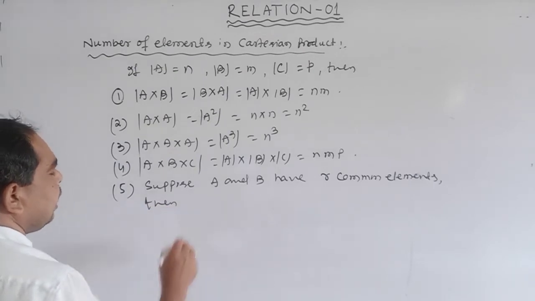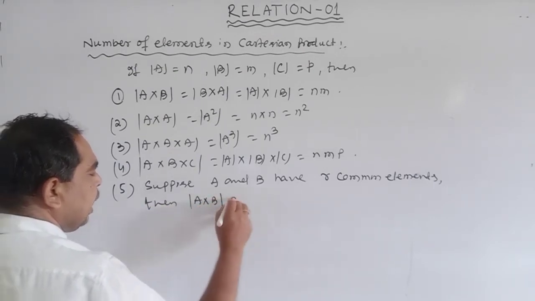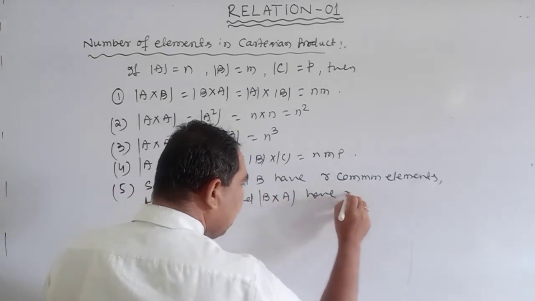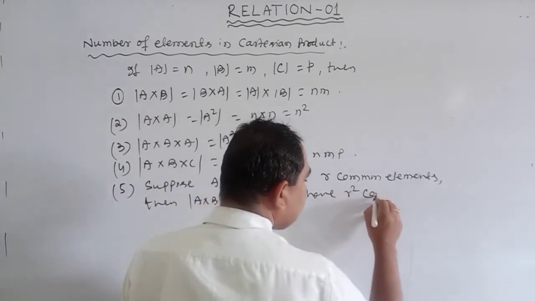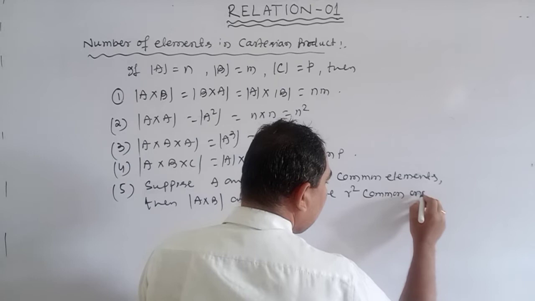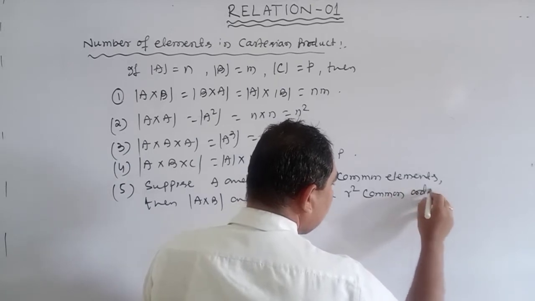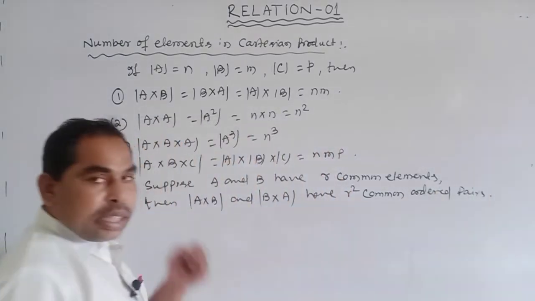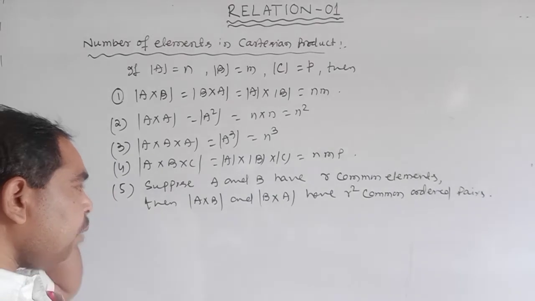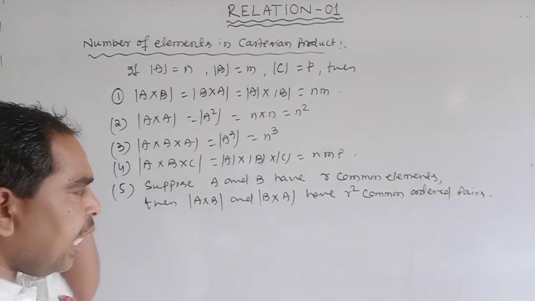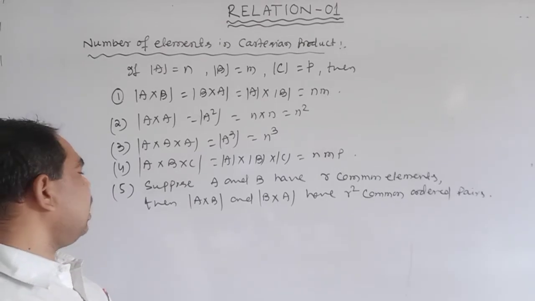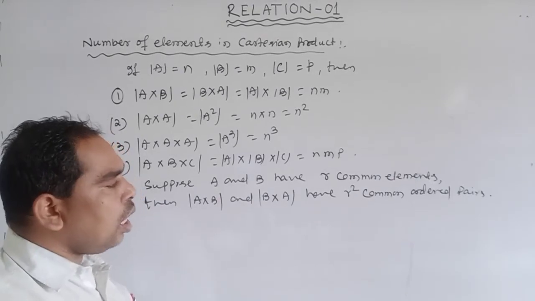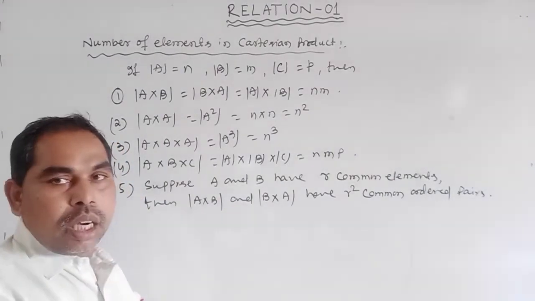Then A into B and B into A have r square common ordered pairs. If A and B have r common elements, then A into B and B into A have r square common ordered pairs.